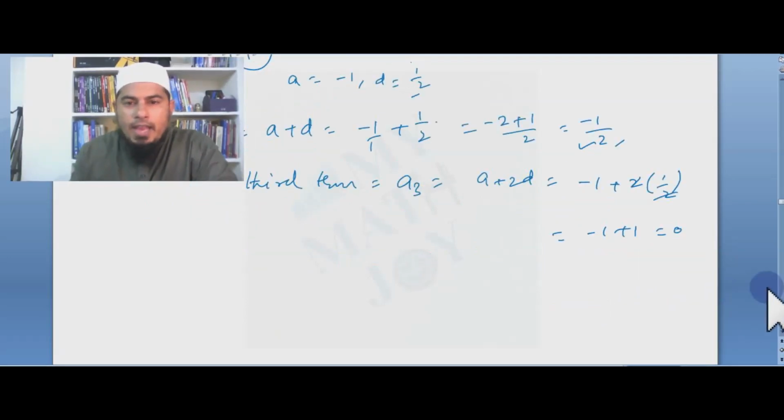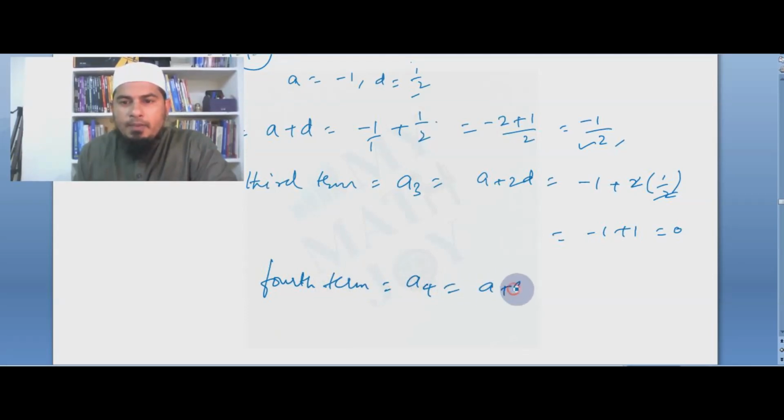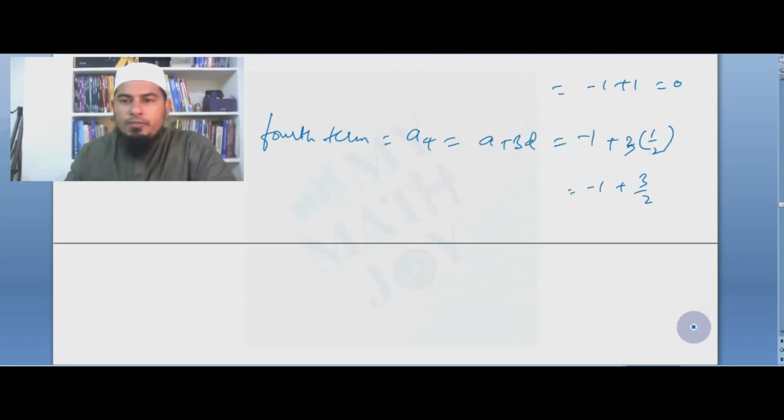And the fourth term A4 is given by A plus 3D. A is -1 plus 3 times D, which is 3/2. So -1 plus 3/2, if you simplify, you'll get -2 plus 3 over 2, exactly 1/2.